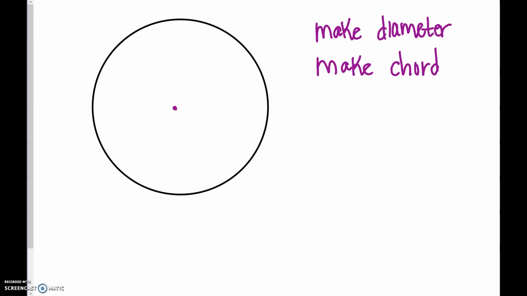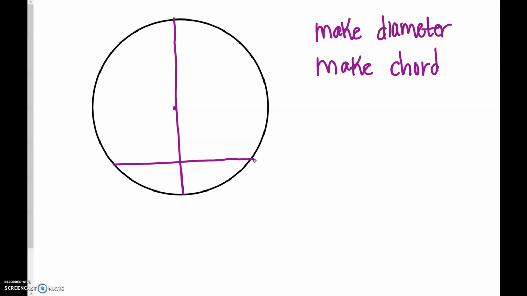All right, so if we have a circle with the center here, and this is not going to be super accurate, but I'm going to do my best, and we make a diameter here. Now if we take that diameter and make any chord, I'm just going to randomly make that chord that's going to cross this.